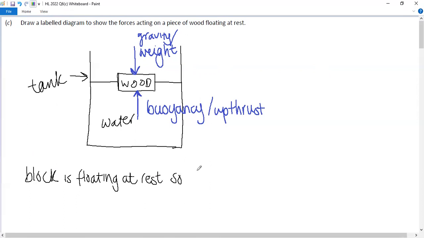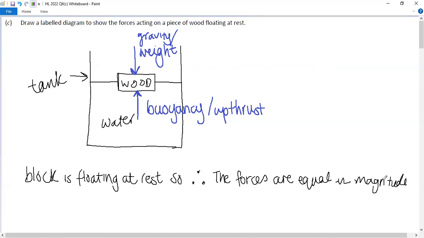So that must mean, or you could use a verb, therefore, the forces are equal and opposite, okay? They are, what we want to keep clarifying, equal in magnitude. That means they're the same size, basically, okay?